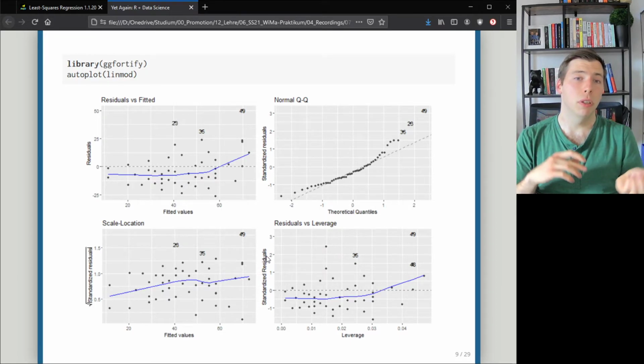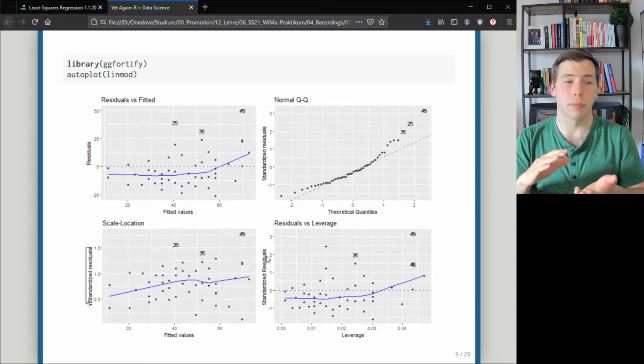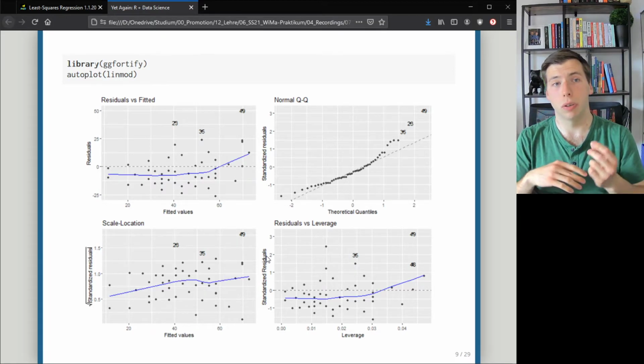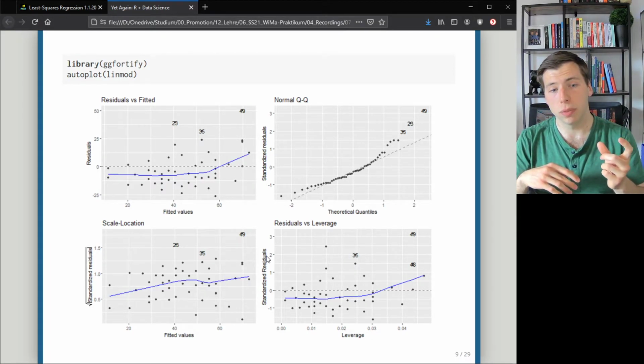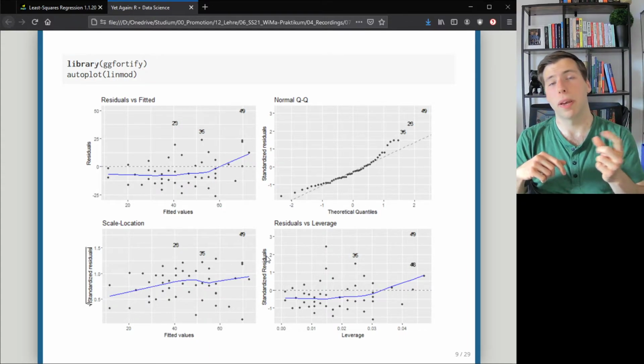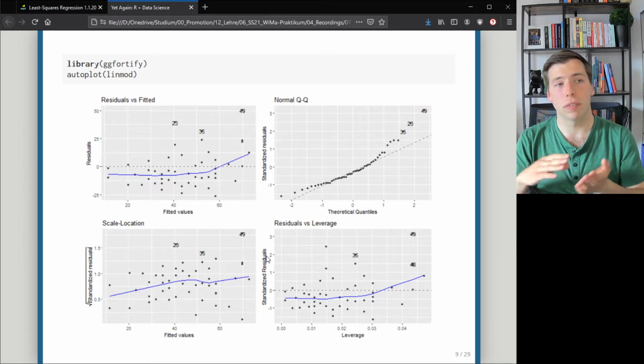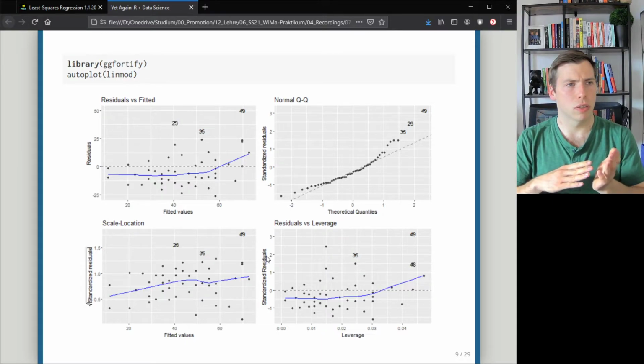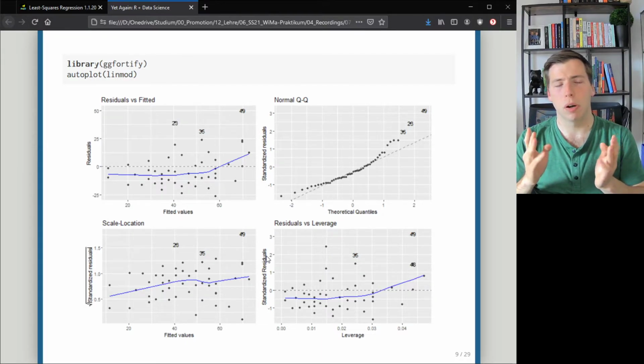Similarly, just as outliers are extraordinary values of an observation, leverage is also an extraordinary observation, but not with respect to the response variable, but with respect to the predictor. Think about our data set. It only contains values from, I think, 5 to 25 miles per hour, something like that.